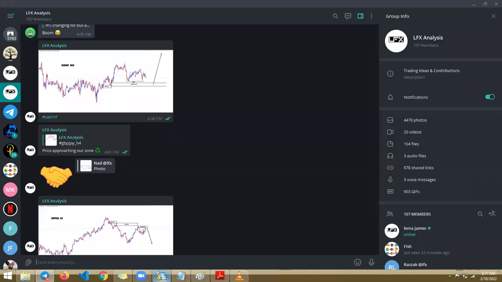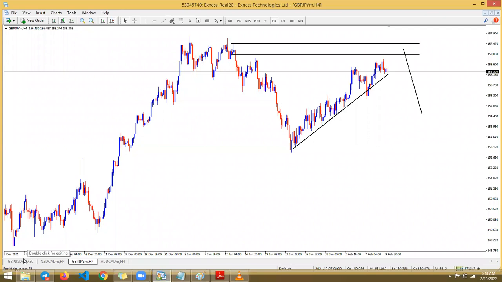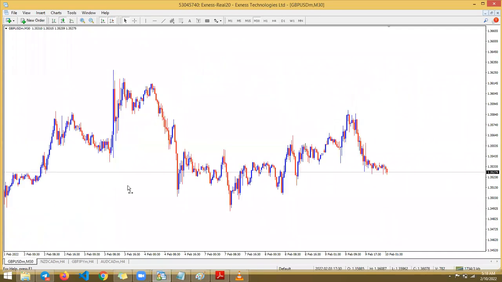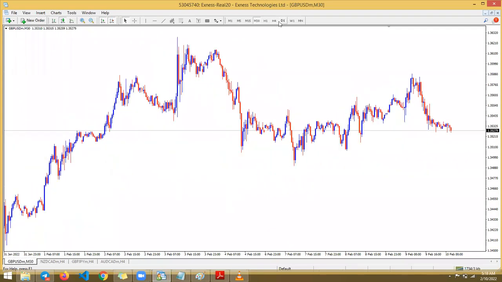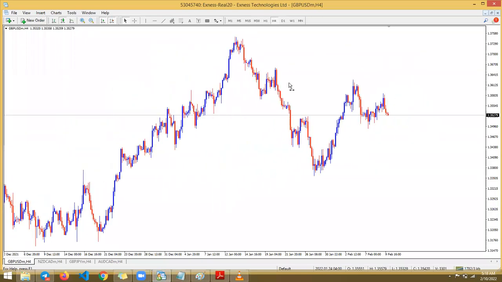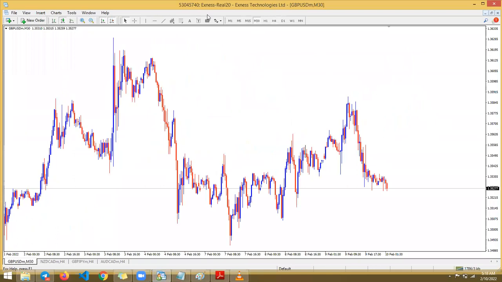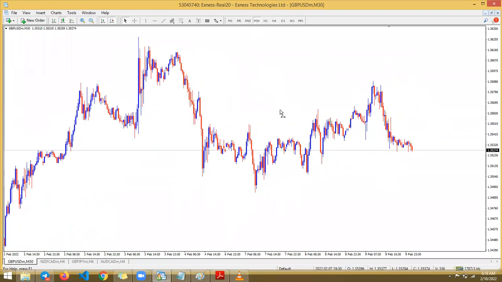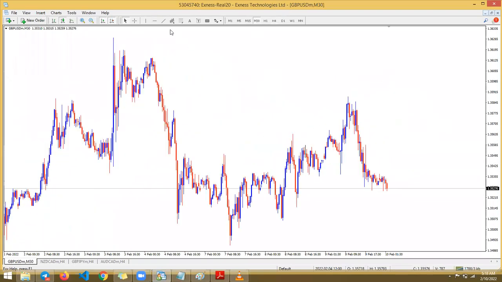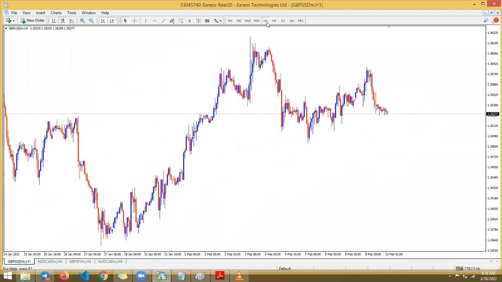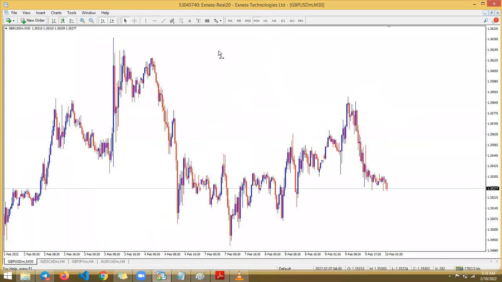Let me see. Our British pound, US dollar. So this is a setup on the lower time frame. On H4, it looks like that. You can see dropping. Let me go to M30 because I just want to point out something.